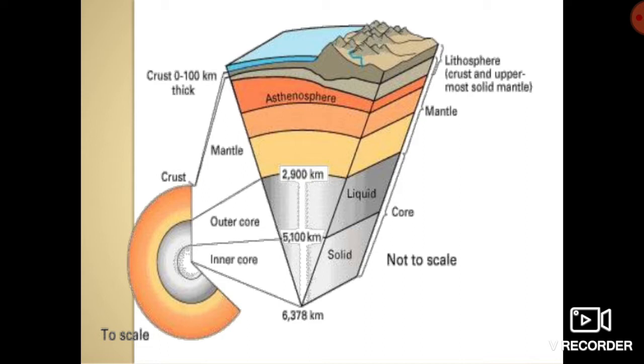Lithosphere encompasses both the crust and the uppermost part of the mantle, and the lithosphere represents the solid part of the earth. That solid part of the earth represents the crust and the upper mantle.